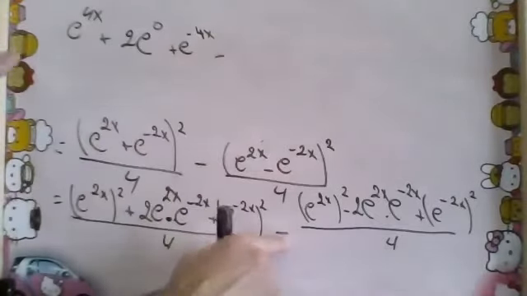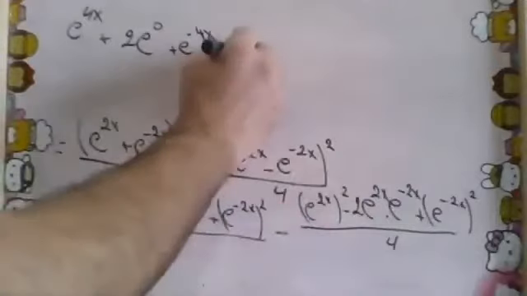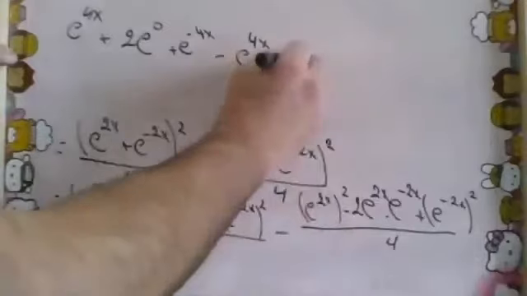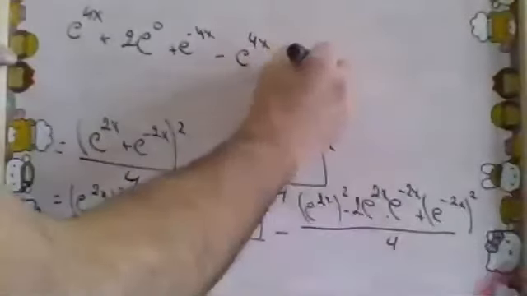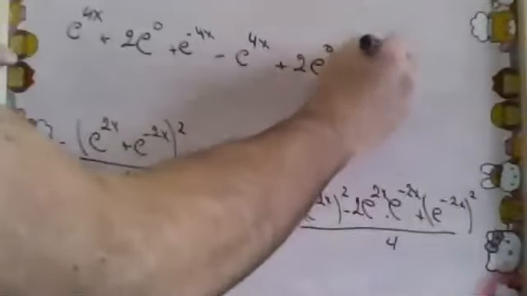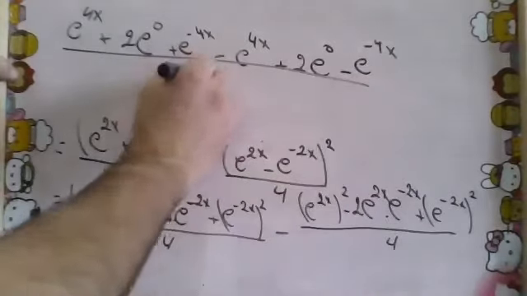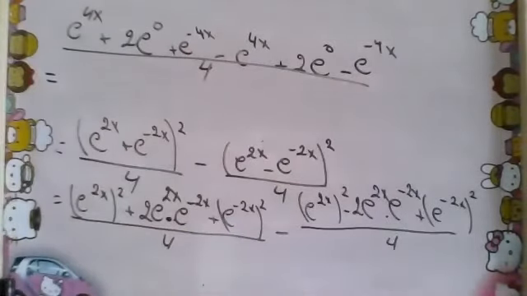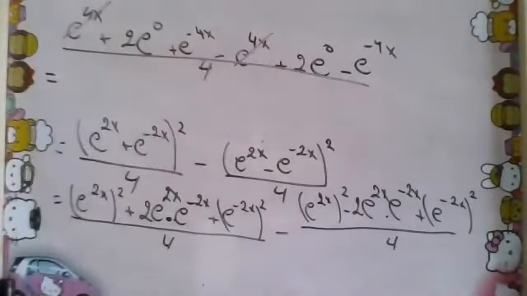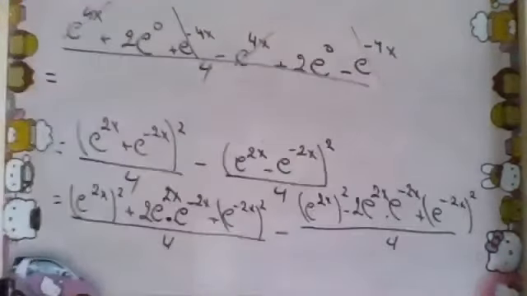You have minus outside, so be careful. You change all the signs. So minus e to the power 4x, minus negative so plus 2 e power 0, and here minus e to the power negative 4x. All of it has the same denominator 4, which is equal to e power 4x minus e power 4x, e power negative 4x minus e power negative 4x.